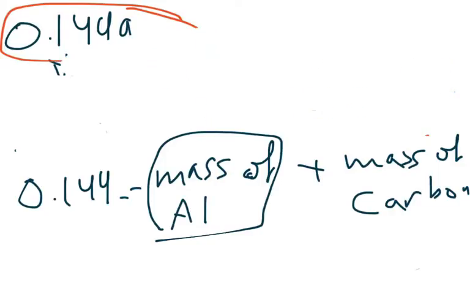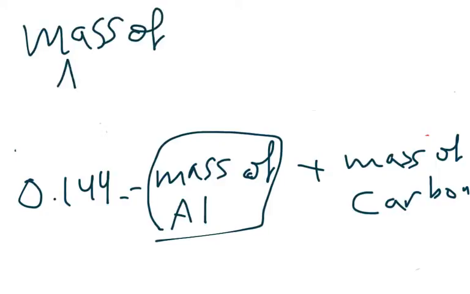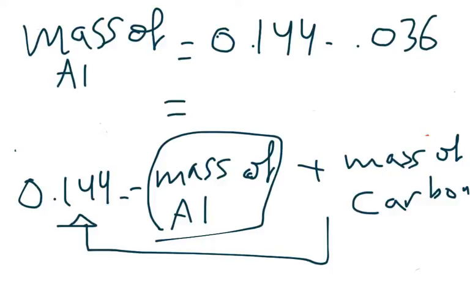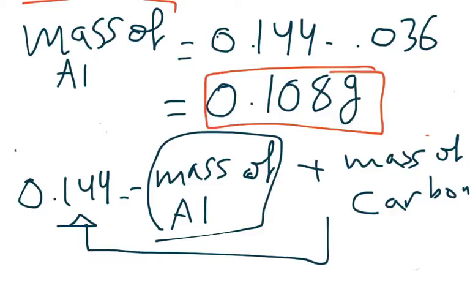In this case, our mass of Al is equal to 0.144 minus 0.036, which would mean we have 0.108 grams. Okay, great. So now we have our grams. We have our mass of Al.